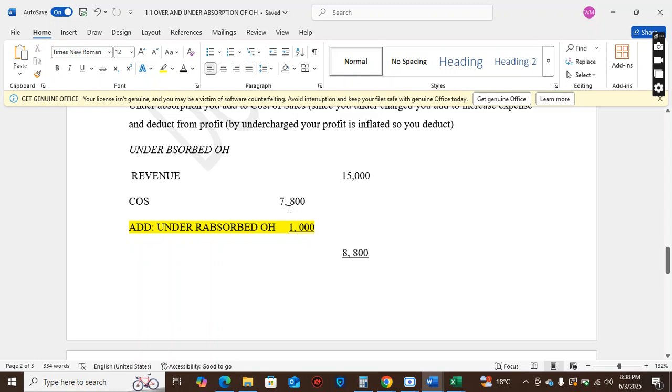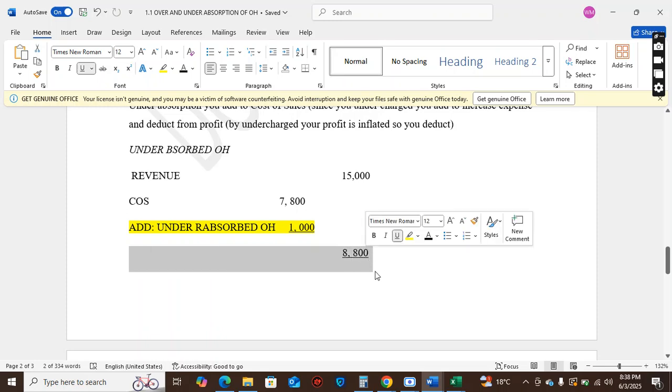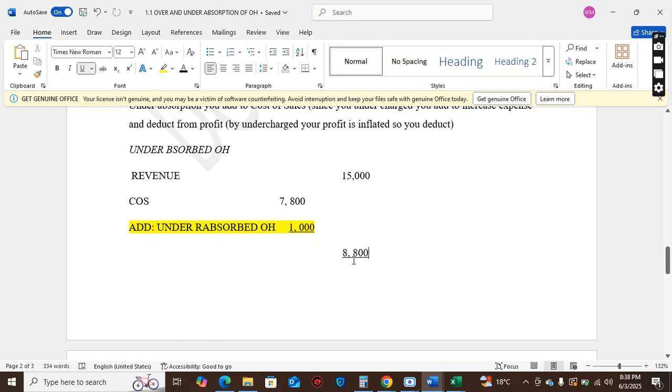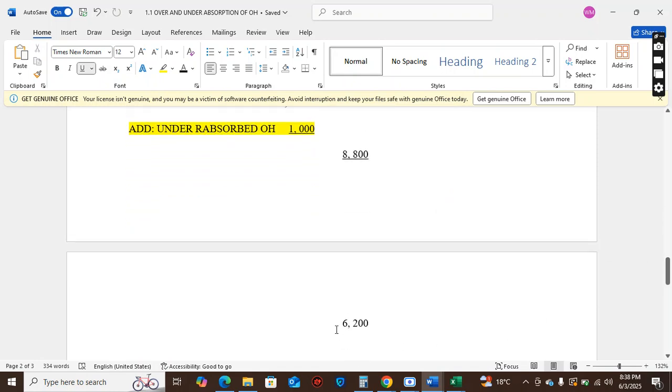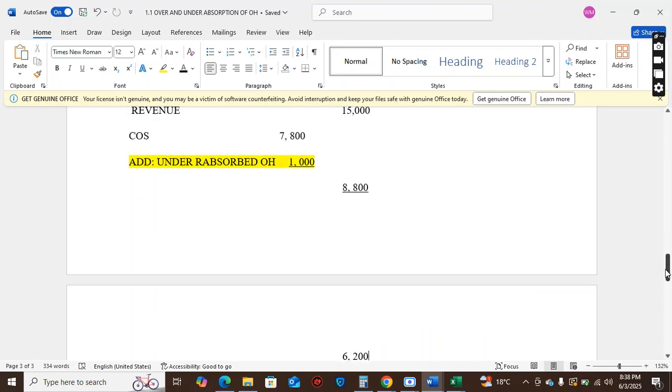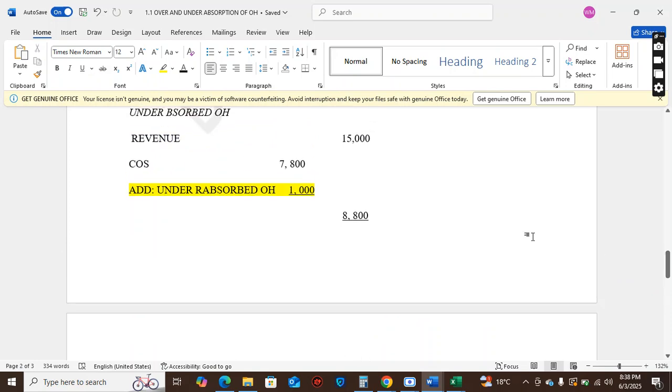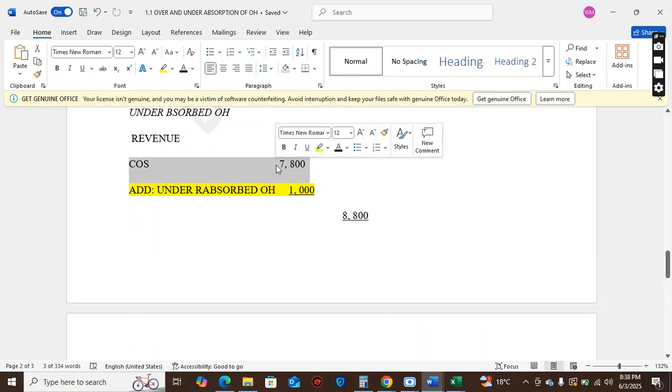So you say 7,800 plus 1,000, you get 8,800. When you subtract 15,000 minus 8,800, you get 6,200, which is your true profit. Since our cost of sales is understated, we need to add the underabsorbed overheads.